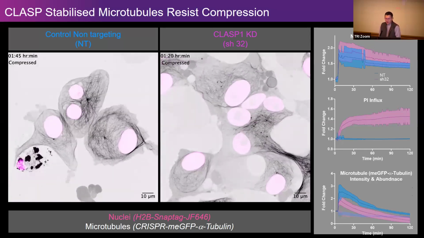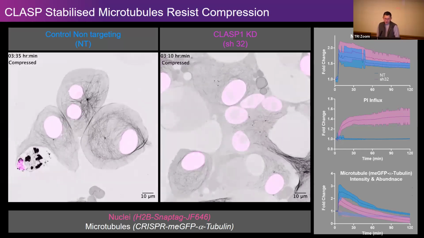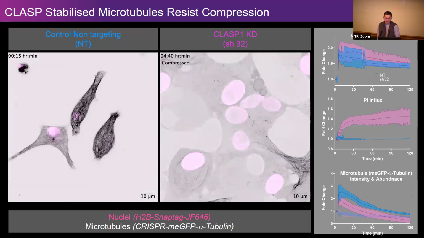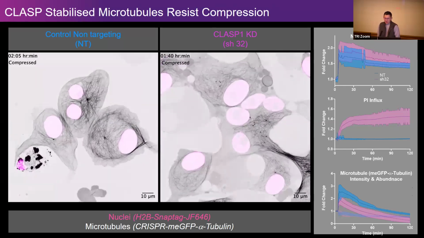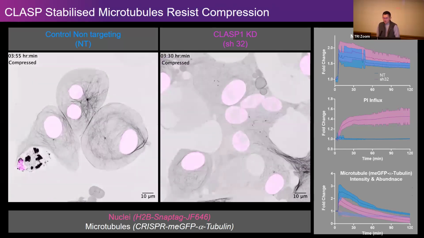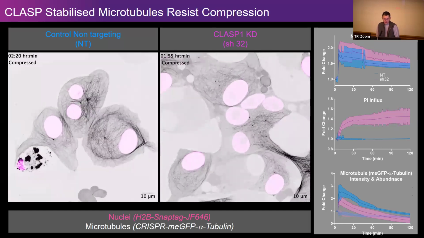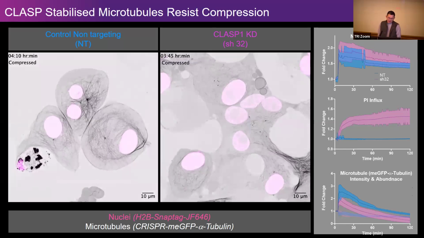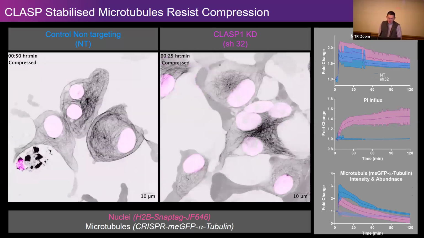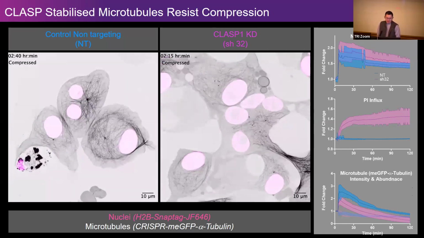The nucleus size also increases quite a bit, suggesting that the absence of these stabilized microtubules allows cells to feel more force and then expand in response to force. And then finally, their microtubules are pretty significantly more fragile.